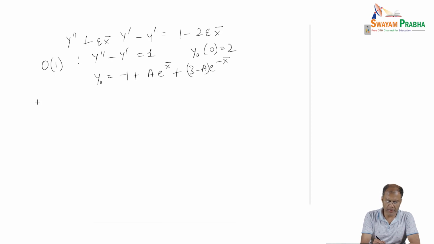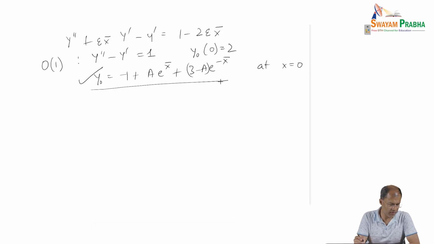Okay, so what have we got here? We have got one solution at one end of the problem. This is at x equal to 0 is what we have found. Now we could match this solution.